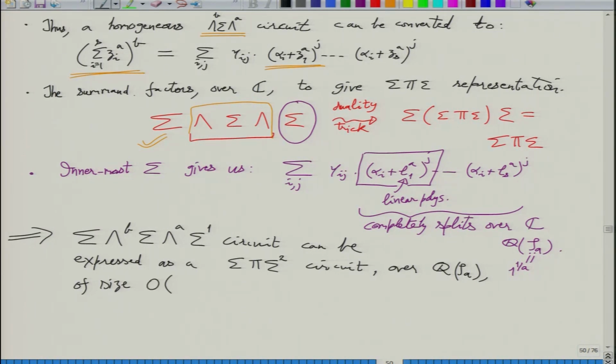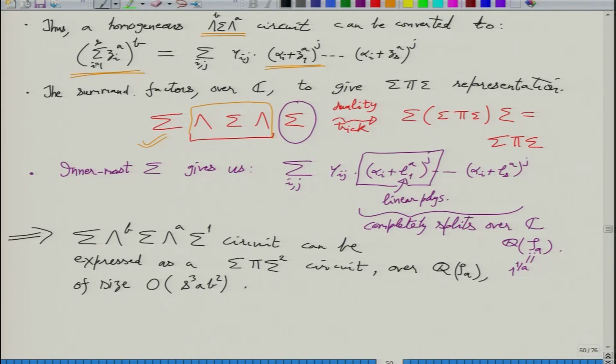Okay, so who can mention the size after all these transformations? I think it is something like S times A times B and slightly more than that, S cube A B square size. Let us not worry too much about this exact bound.